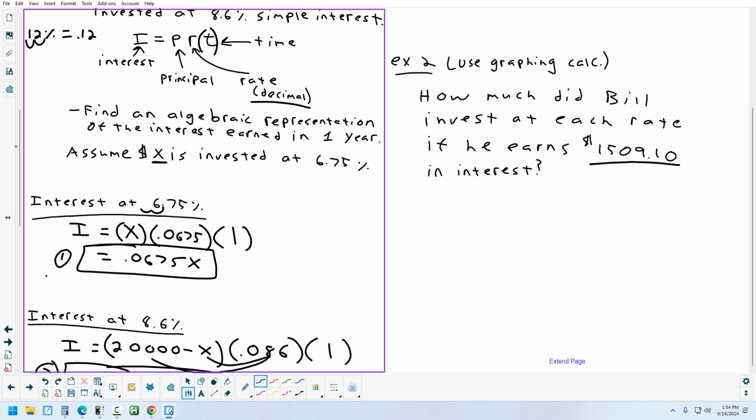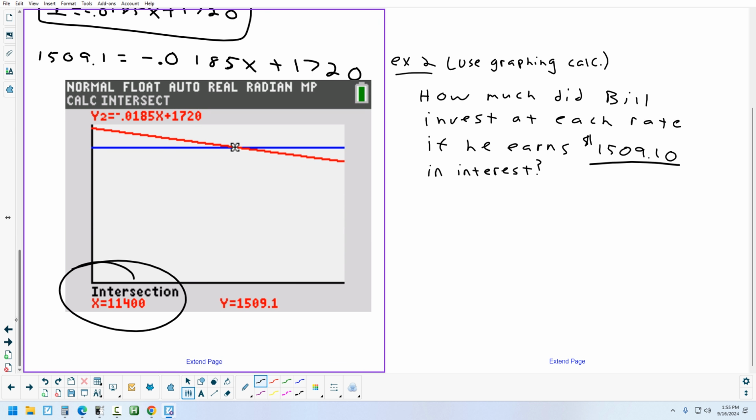The principal in which account? Because there's 2. Assume X dollars is invested at 6.75. So we just solved for X. That's the amount of money in the account. That's 6.75.